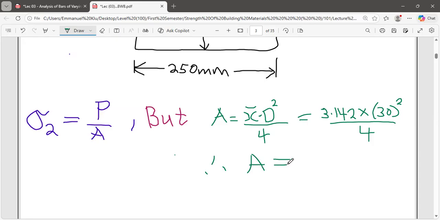Everybody, let's quickly do that together. That is 3.142 times 30 all squared over 4.